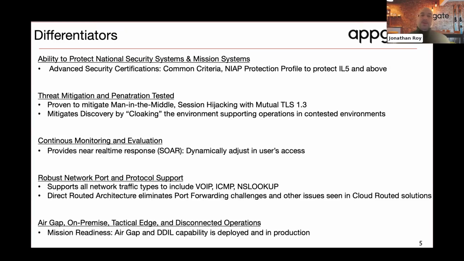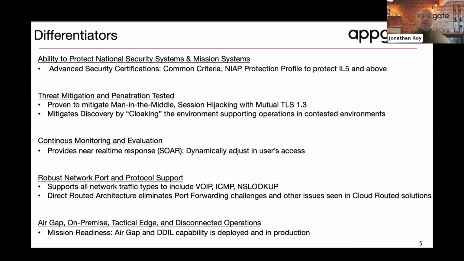But from a general perspective, what makes AppGate different is the certifications behind the product beyond just things like FIPS 140-2, which isn't good enough for even things like IL5 CUI. The second piece is we've gone through a number of penetration tests, and some of the things that we're able to thwart, not only adversaries but pen testers, are things like man-in-the-middle attacks and session hijacking. AppGate uses mutual TLS 1.3 to secure communications.